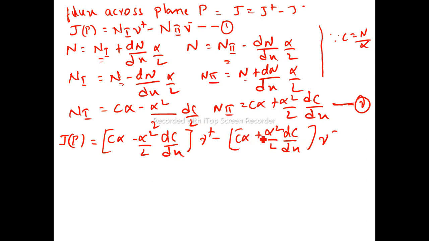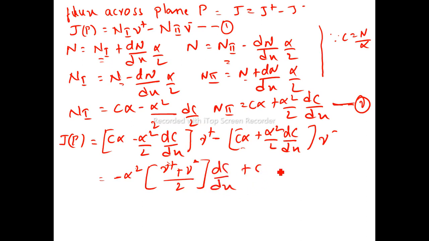After this, making the dC terms one side and the C alpha terms on the other side, rearranging these terms we get minus alpha square gamma plus plus gamma minus divided by 2 (sorry, it is plus) into dC by dx, plus C into alpha into gamma plus minus gamma minus.